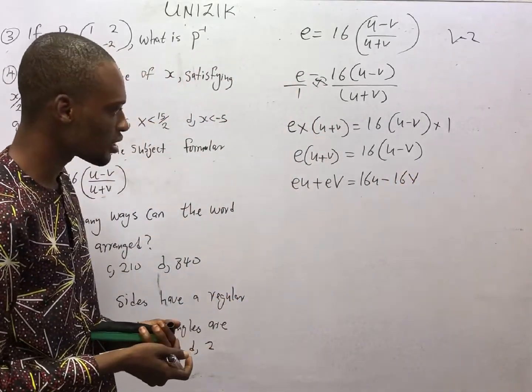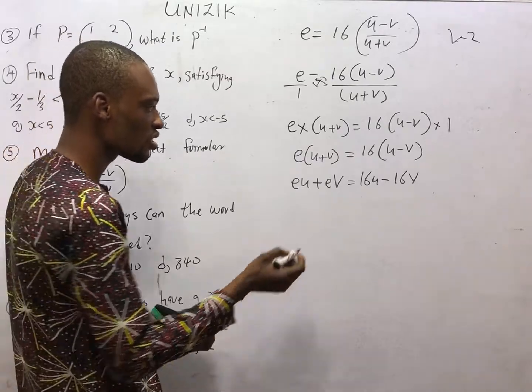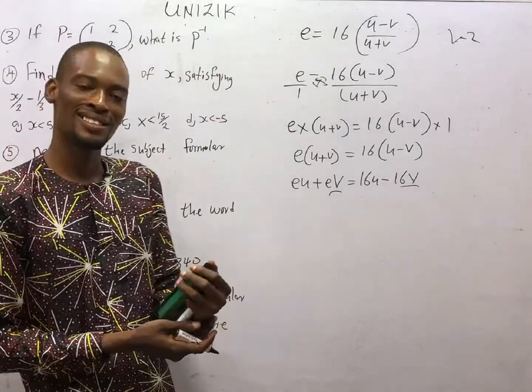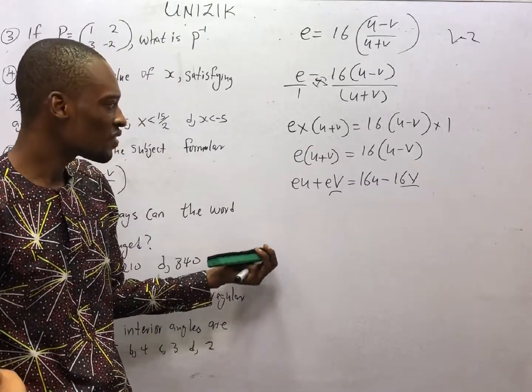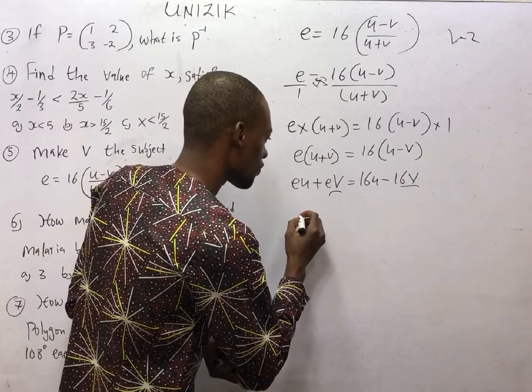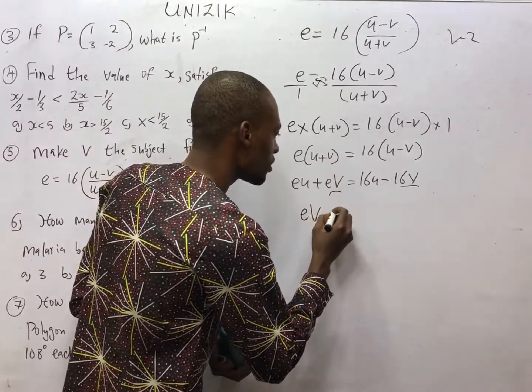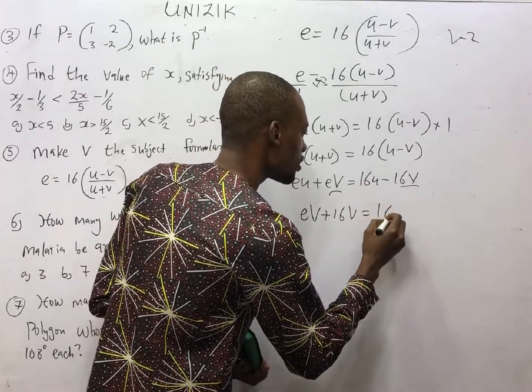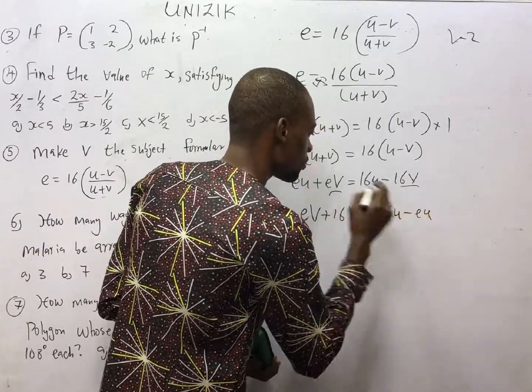I think it makes sense now. Yes, because there is V here, there is V here. We can call the ones with V's like terms. If that is true, collecting like terms, we simply have EV plus 16V equals 16U minus EU.